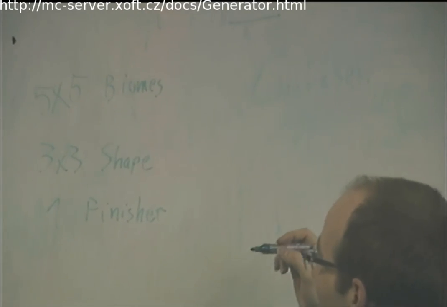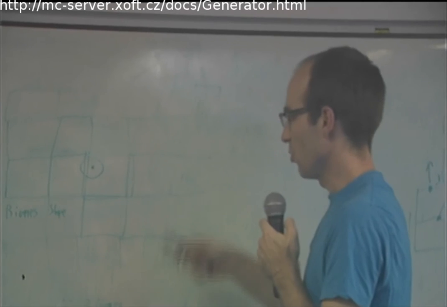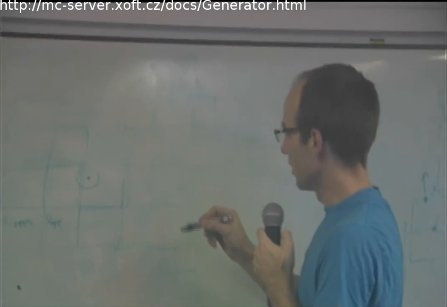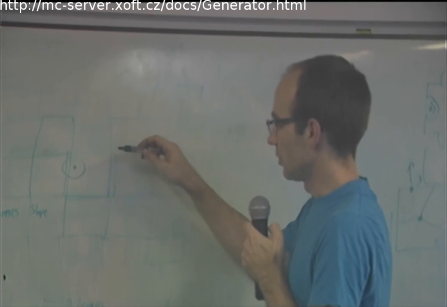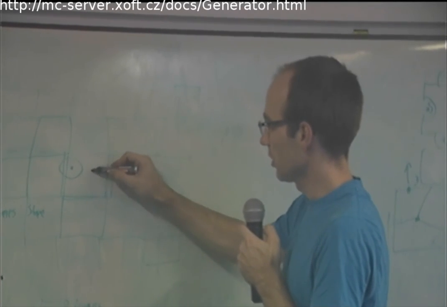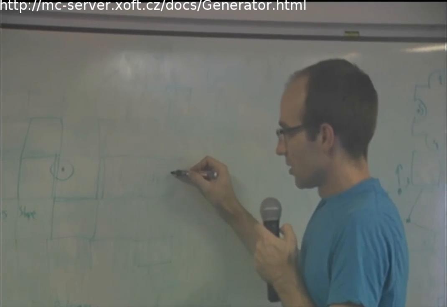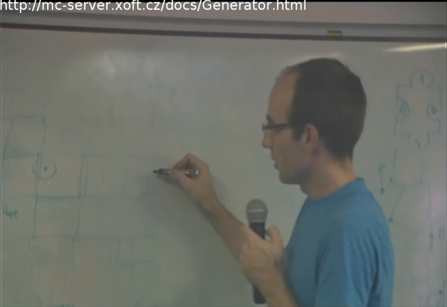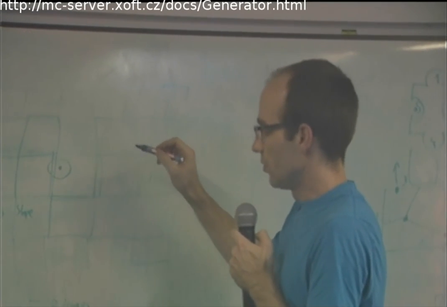Usually we don't generate just one chunk. We generate this chunk and then we ask for this chunk and then this chunk. So what we could do is remember the biomes for all these chunks and reuse them.